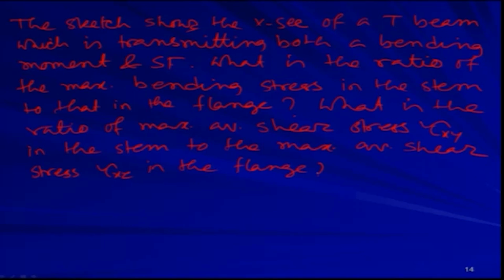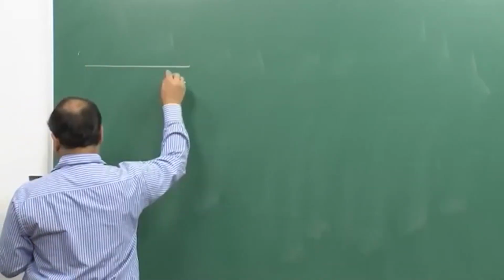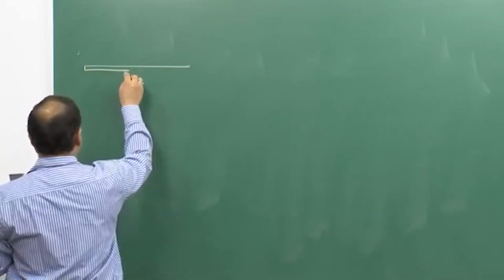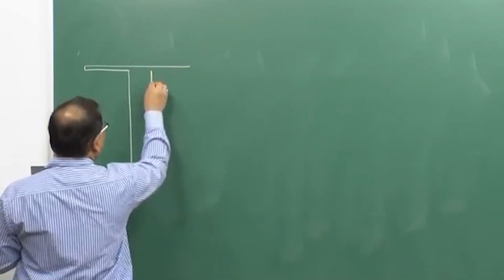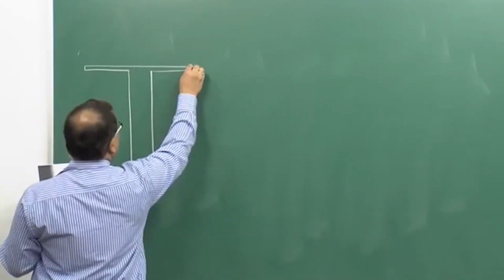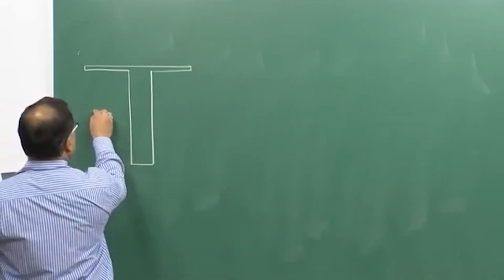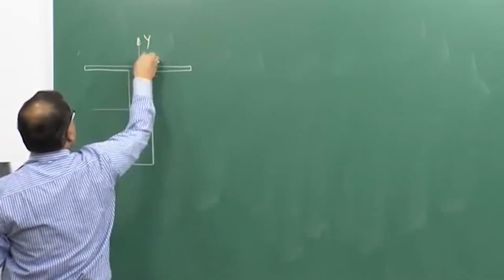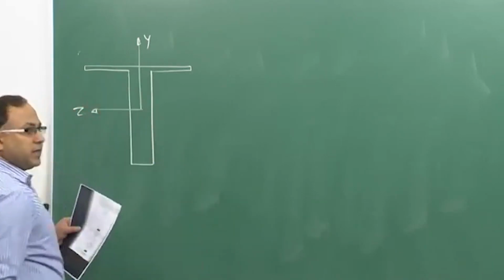Now, let's draw the cross section first. So, this is the T beam, very thin flange and very thick stem. This is the Z axis. Normal to the board is your x axis.